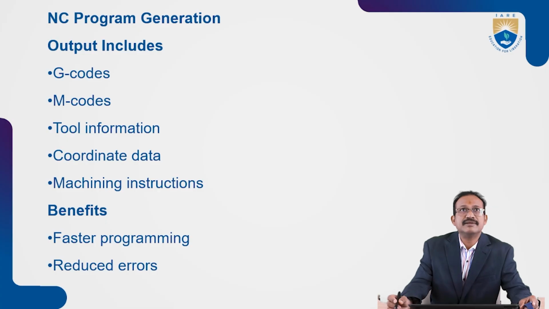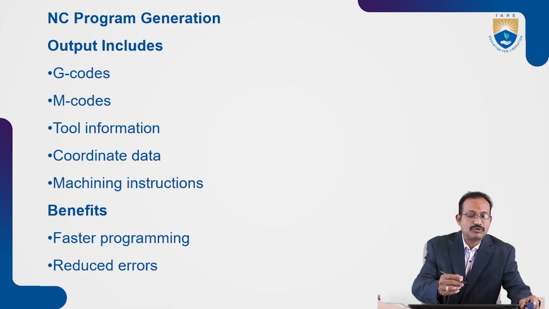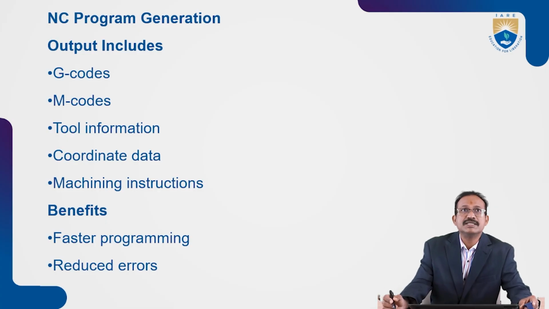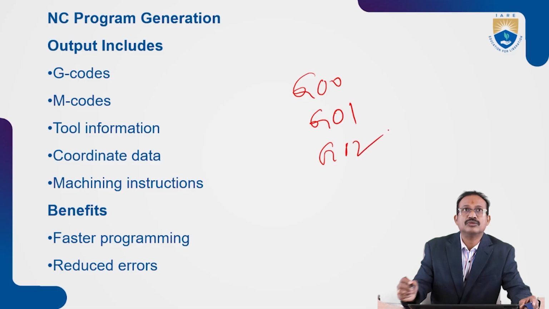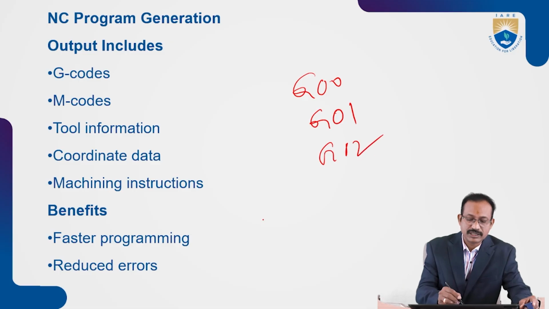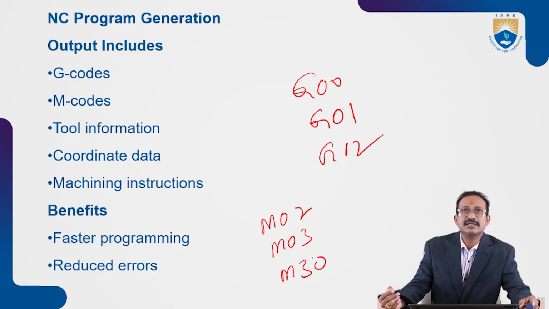Next, NC program generation. The output includes G codes, that means preparatory codes like G00, G01, G02, and so on, and M codes including M02, M03, M30. What does it mean?